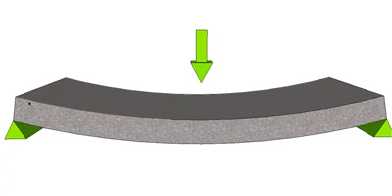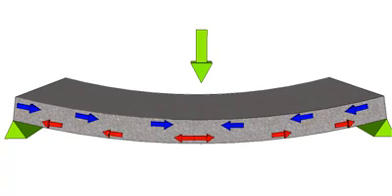So because it's now a concave shape, the top of the slab has actually been compressed by the load, and the bottom half of the slab is now in tension because it's actually been made longer.